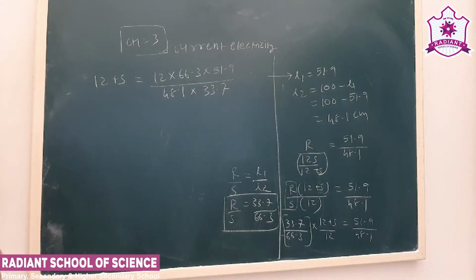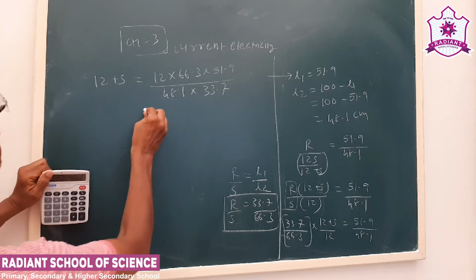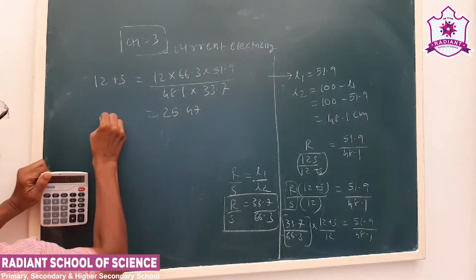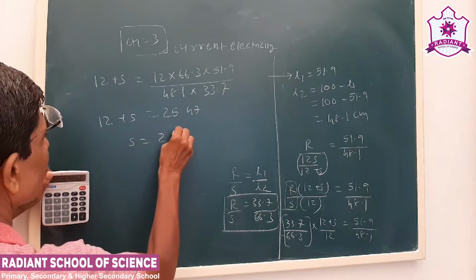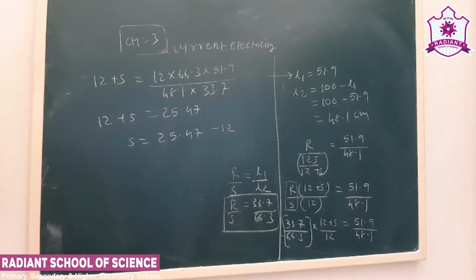So what is the value which we obtain here? 12 into 25.47, minus 12, yes, 13.47.